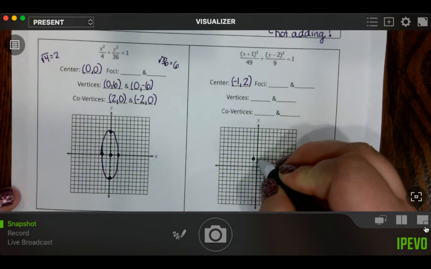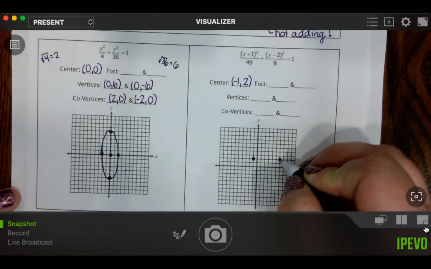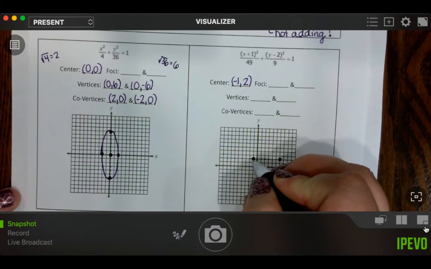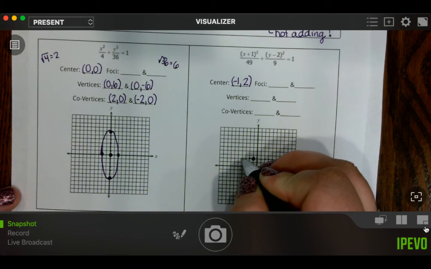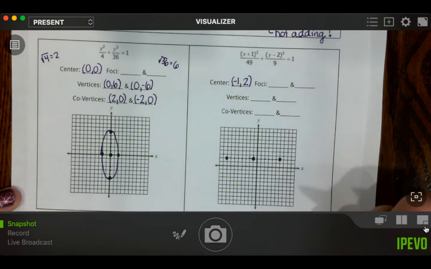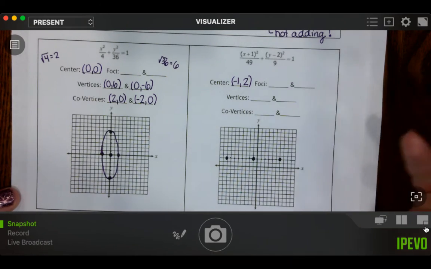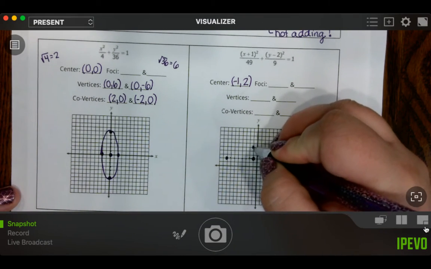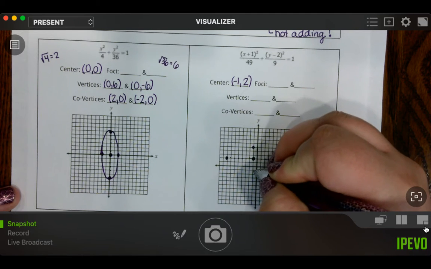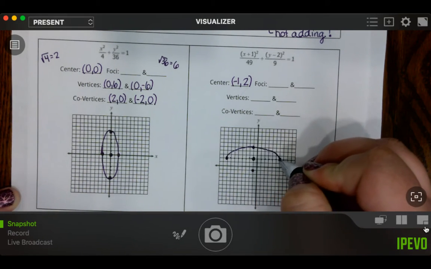So I'm going to go 1, 2, 3, 4, 5, 6, 7 to the right, and 1, 2, 3, 4, 5, 6, 7 to the left. Then my y value underneath is 9. Square root of 9 is 3. So I simply go up 3 and down 3 and draw myself an ellipse.